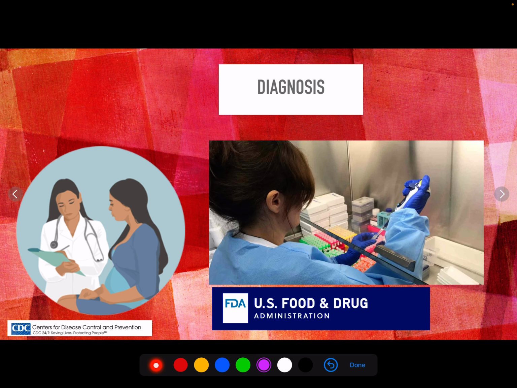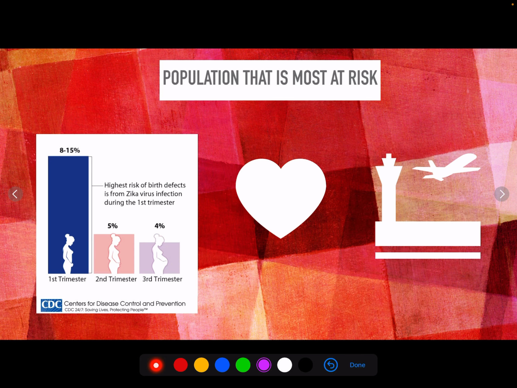There's also a serological test, which looks for antibodies. So that's the best way. The FDA is finding different ways to identify Zika virus, especially to try and get women in the first trimester, which is what I'm going to be speaking about shortly regarding the patients that are at risk.